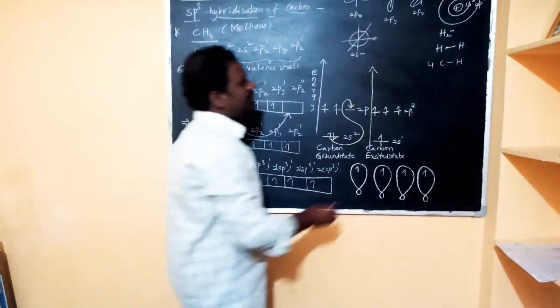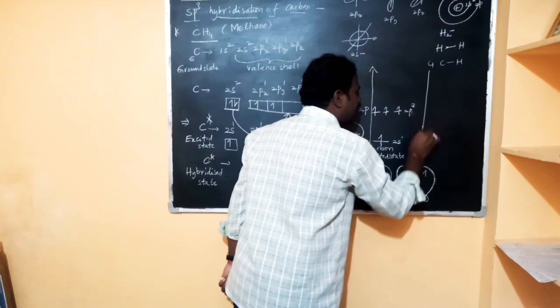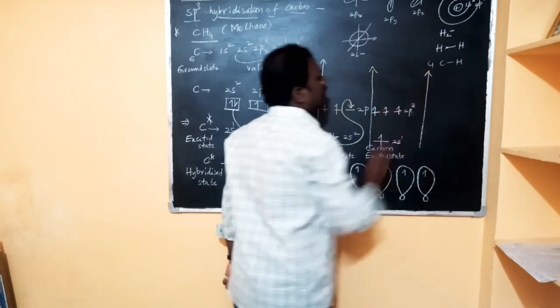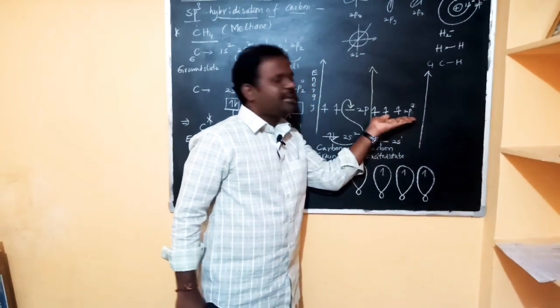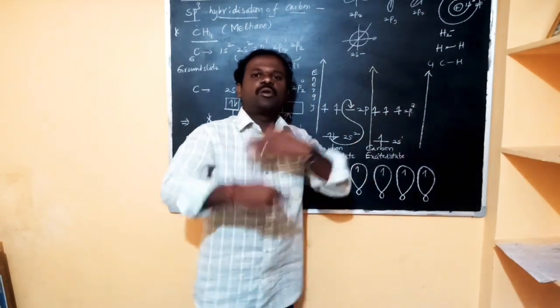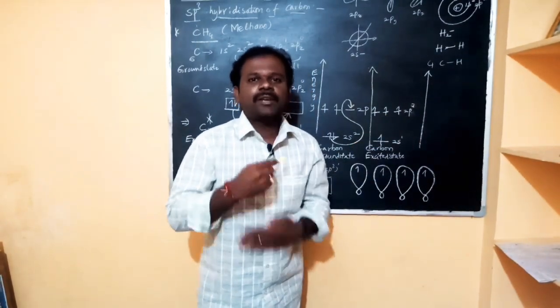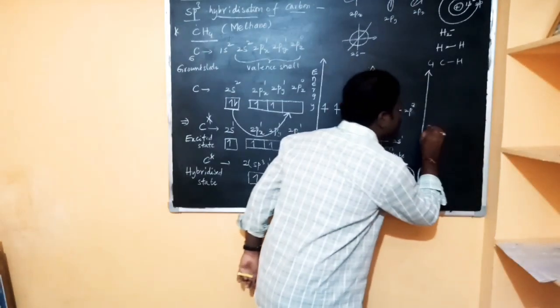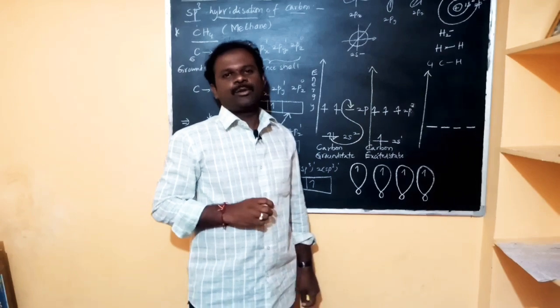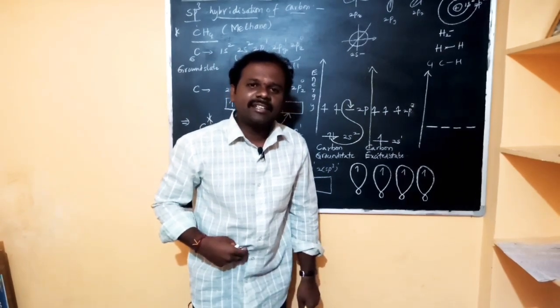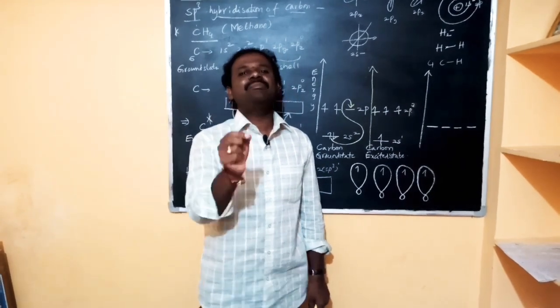We can see this in the form of an energy level diagram also. Here the lower energy 2s orbital and higher energy 2p orbital mix with each other for the formation of orbitals equal in energy. All are degenerate orbitals. So what is meant by degeneracy? Same energy.